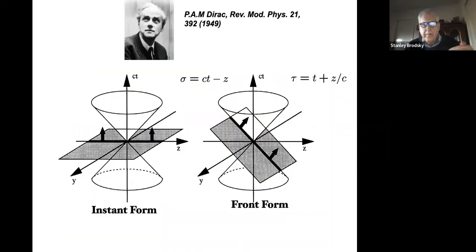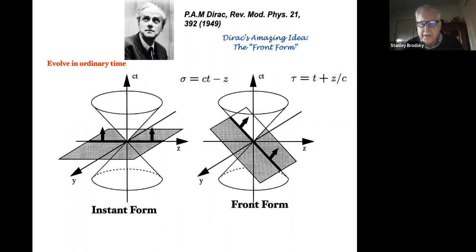Going back to Dirac, he pointed out that we normally think intuitively in terms of instant form, but in fact, when you think about how photons and gravitons and so on work at the speed of light, you really have to think about the front form, about time along the light front, and transverse to the front form.